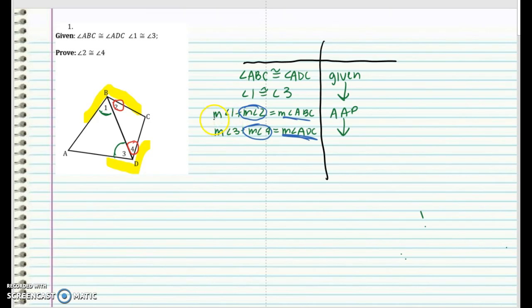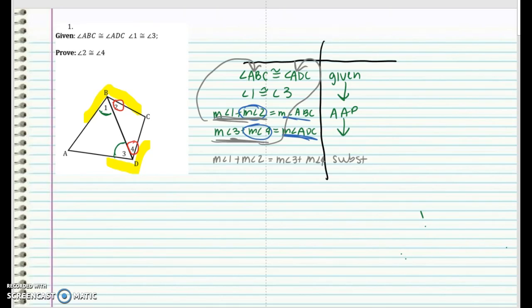Well, conveniently, I can take this piece here and plug it in there. And I can take this piece here and plug it in there. So I have the measure of angle 1 plus the measure of angle 2 equals the measure of angle 3 plus the measure of angle 4. And that's just substitution.